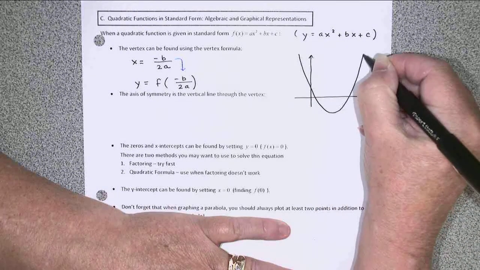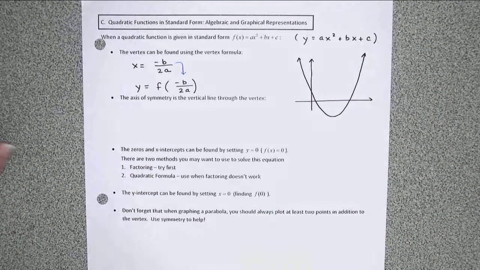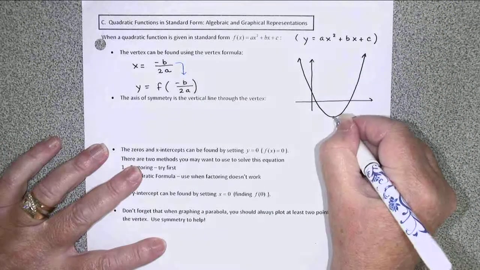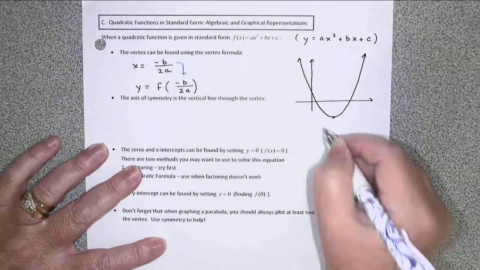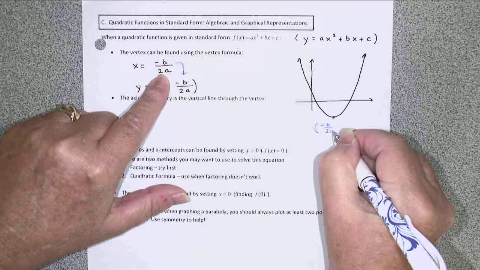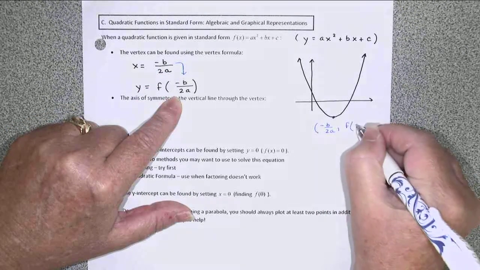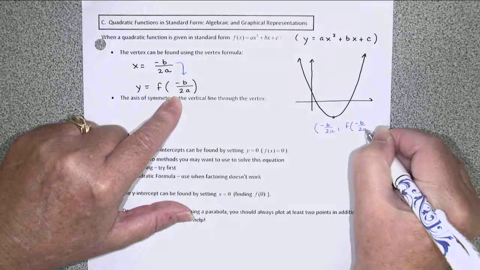We've got our parabola. And what we've just decided is that we can find the vertex here as the point, the opposite of b over 2a, comma the y value, or f of the opposite of b over 2a.